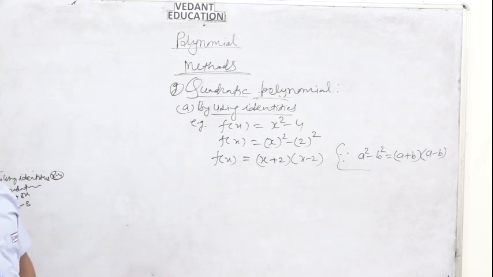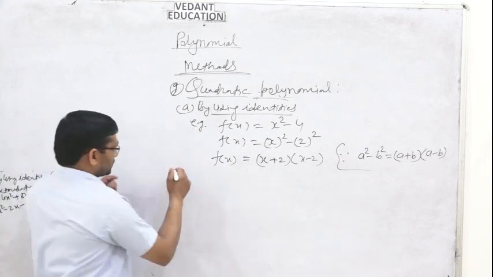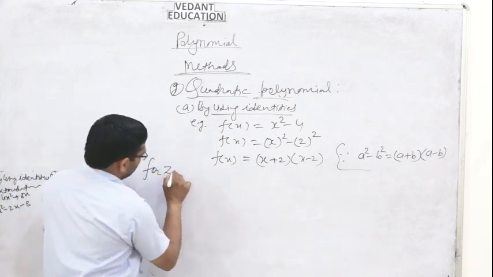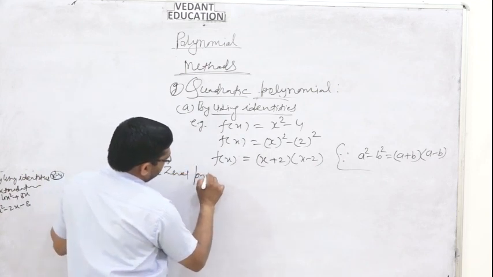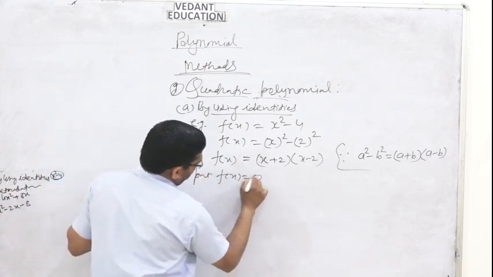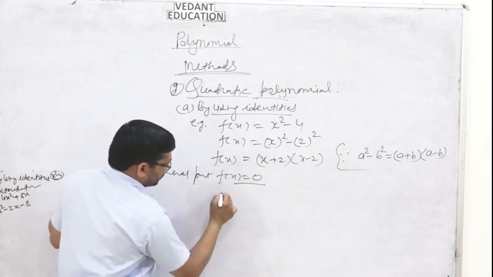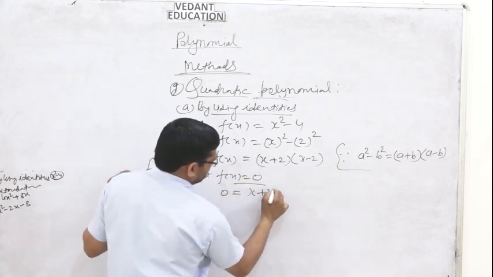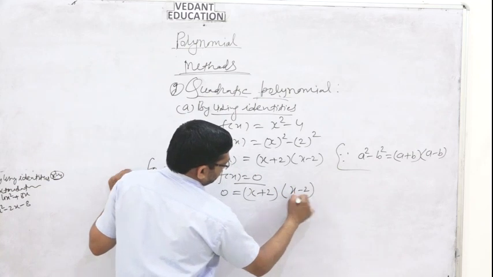Again we want to find the zeros, so we put f(x) is equal to 0. So 0 is equal to (x plus 2)(x minus 2).